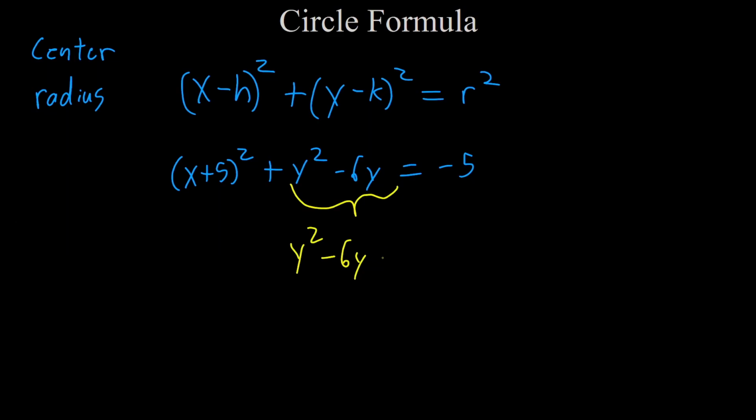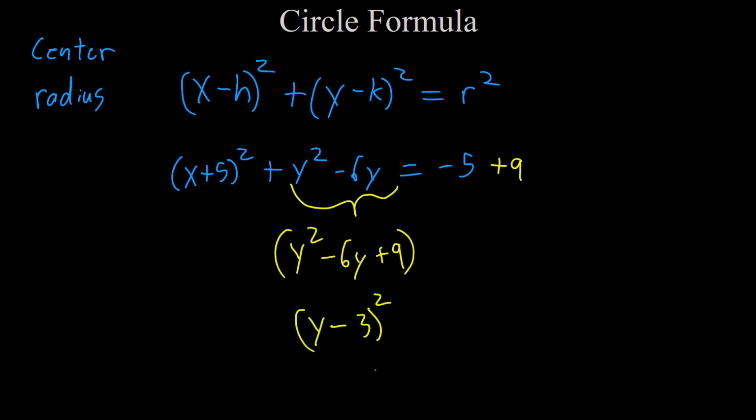So half of 6 is 3, squared is 9. And we need to have an added 9. We can't just manufacture a 9 out of nowhere though, so we need to add a 9 to the constant side as well. Now that we have this trinomial, we can factor it into (y − 3) squared.